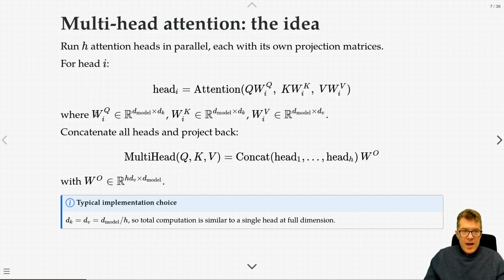Anyway, we're going to have these weight matrices, which are basically the same size as before, but we're going to have one for each of our heads. And then we train them, we update them according to our backpropagation algorithm.